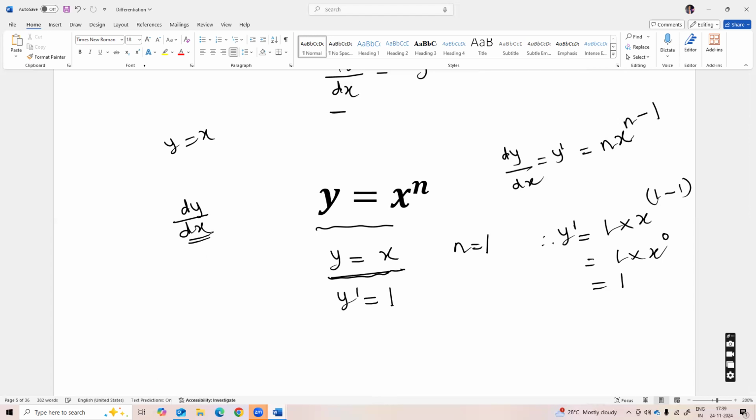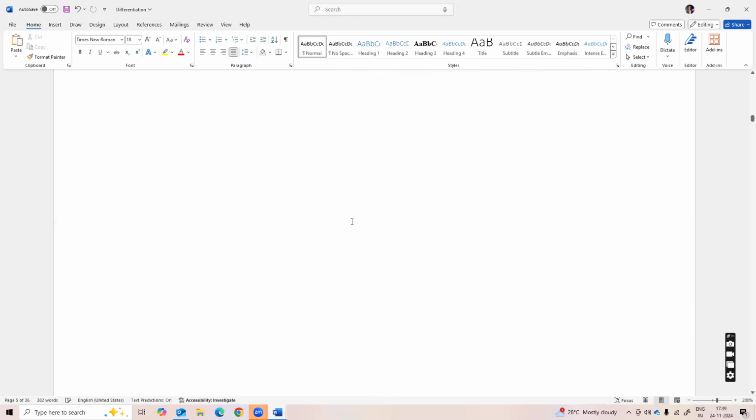Now if we have y equal to x square, the formula was: if y equal to x to the power n, y dash was equal to n x to the power n minus 1.